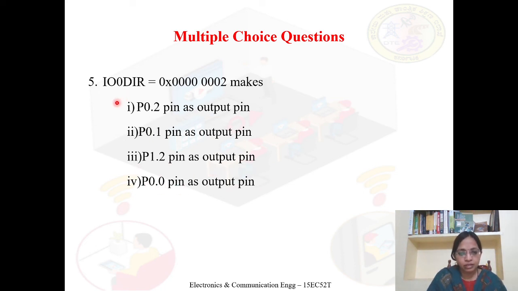So which is the correct answer among these four options? The correct answer is the second one. Okay. So here 2 means what? 1 0. So 1 0 means bit 0, next will become bit 1. So port pin number 1, pin 0 and pin 1. So next, pin 1 will become what? Output pin.